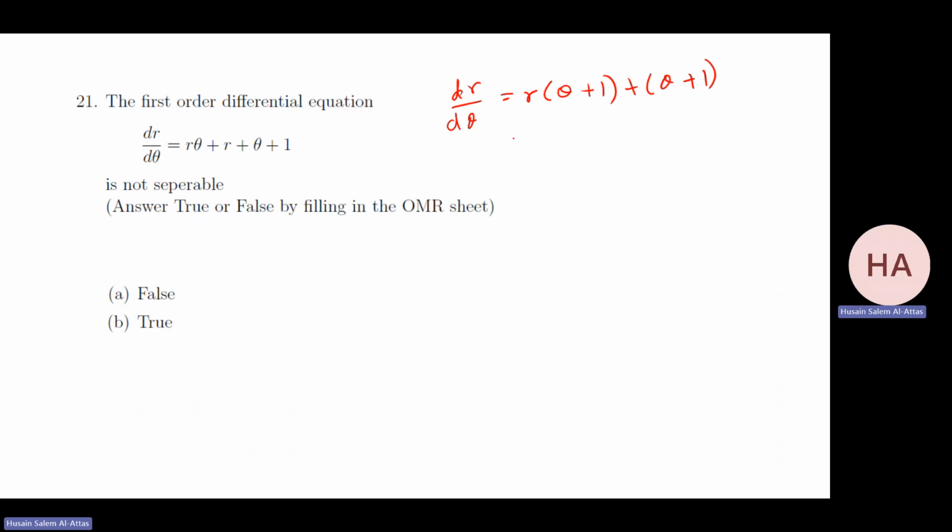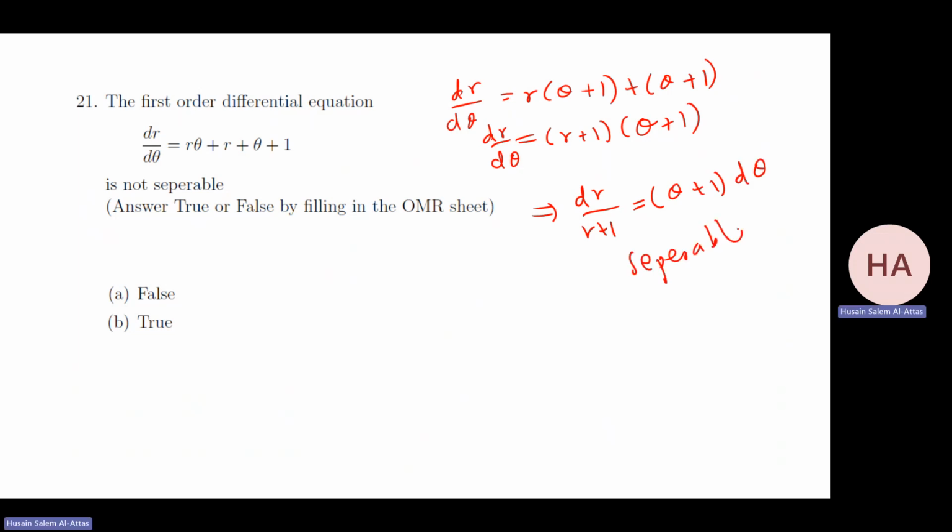So this is r plus 1 times theta plus 1 dr by d theta. So I have dr over r plus 1 equals theta plus 1 d theta. Very clear, this is separable. I have r on one side and theta on the other. So is it not separable? No, this is false.